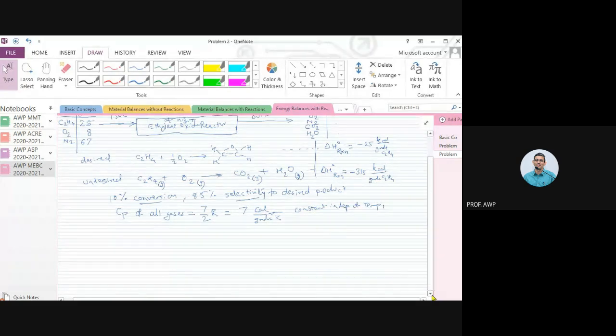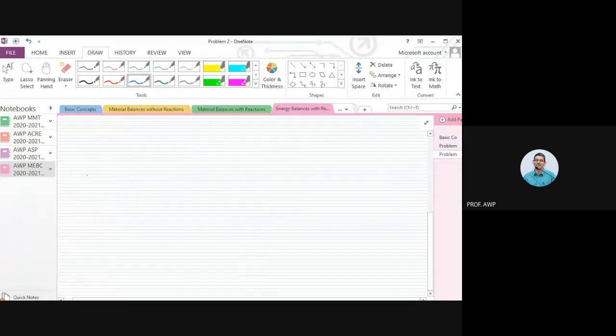Question 2. Same reactor, same reaction, everything same. Same gas comes in: oxygen, ethylene, nitrogen, 8, 25, 67.